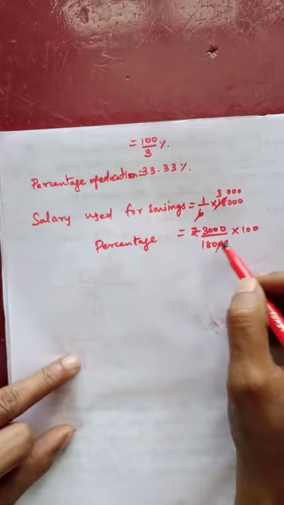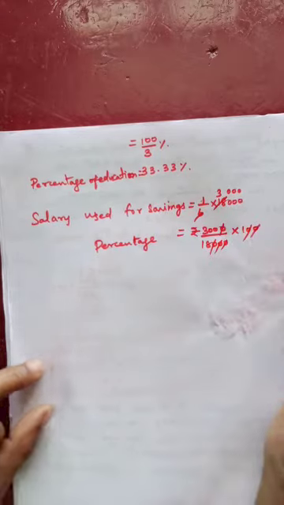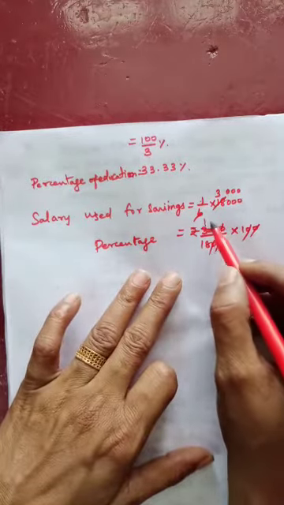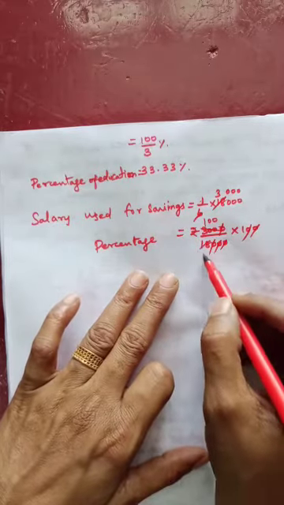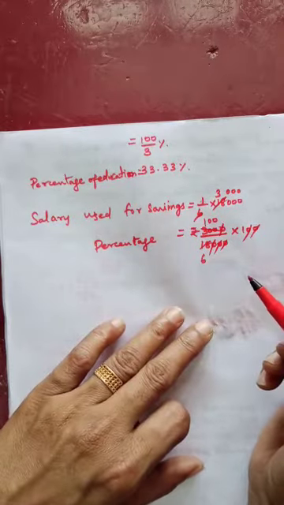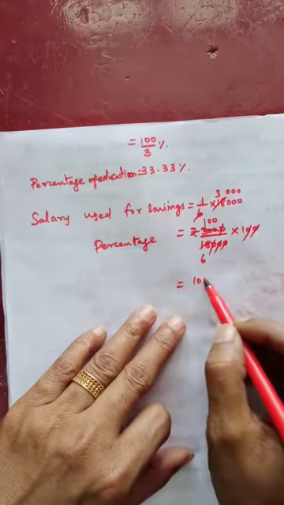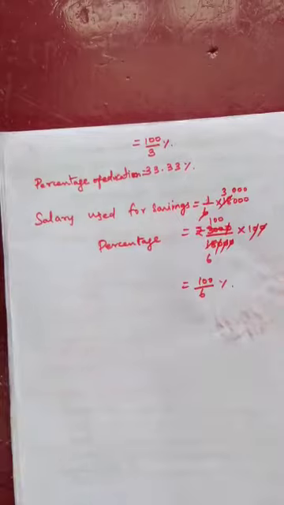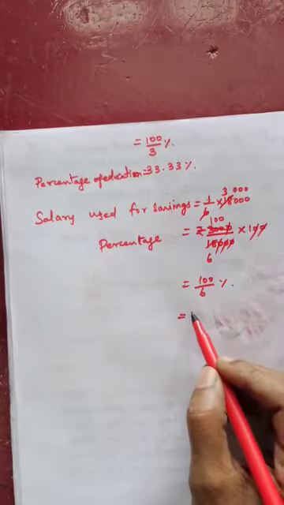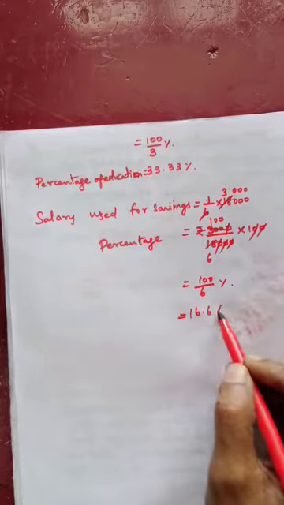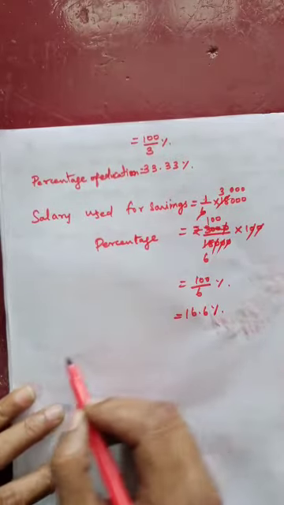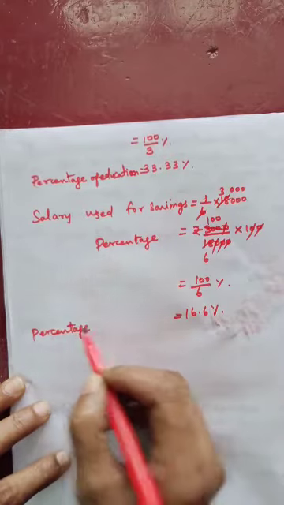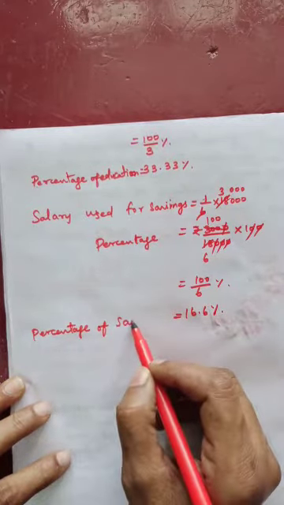Now cancel 3 zeros. 3 1s are 3, 6 3s are 18. So it is 100 by 6 percent, then it is 16.6%. This is the percentage of savings.